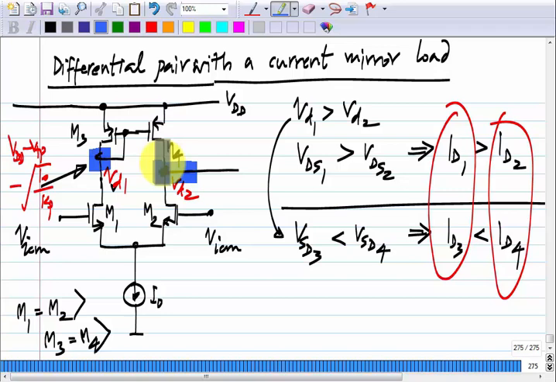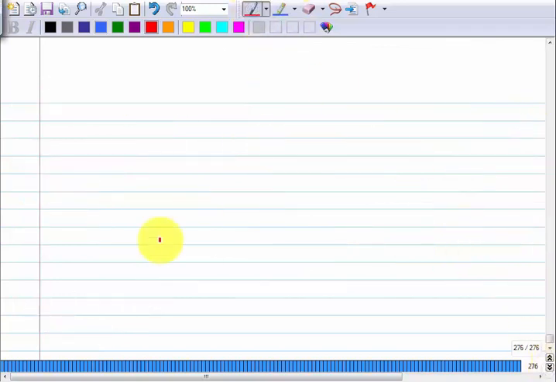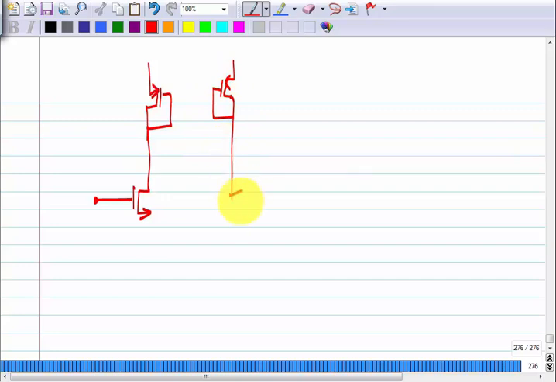Which one? Oh, I didn't bother to calculate this. Actually, maybe I should have shown this circuit, which by symmetry would also have equal VDS as well.